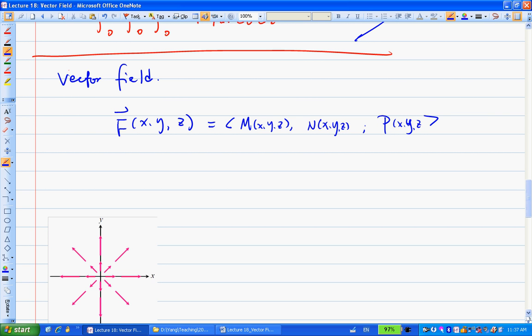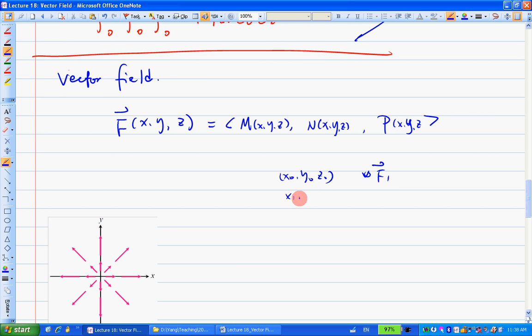If I plug in different values x, y, z here, I get a value in each component, so I get a vector. If I plug in different x, y, z, I get a different vector. Now if I plot each one of the vectors in 3D space, say I plug in x naught, y naught, z naught, I get a vector F naught.